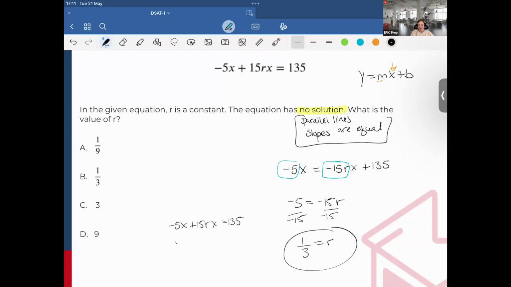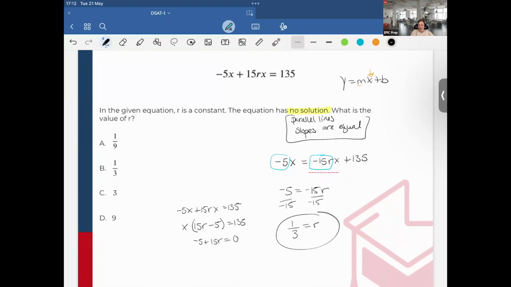I can factor out the x, do 15r minus 5 equals 135. And then I can set it equal to 0. Negative 5 plus 15r equals 0. And then that would give me r equals 1/3 as well.